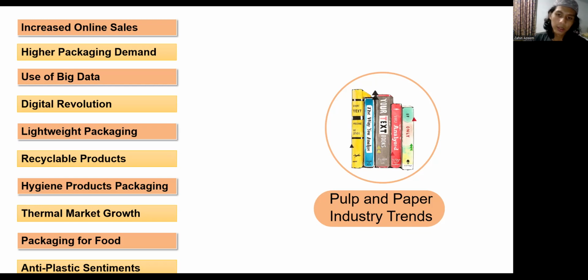So next is the digital revolution. Although the digital revolution did not destroy the pulp and paper industry, it did require a pivot in strategy. For instance, there was a clear shift from print paper to packaging materials, for reasons that are obvious given the tremendous demand associated with shipping products purchased online.